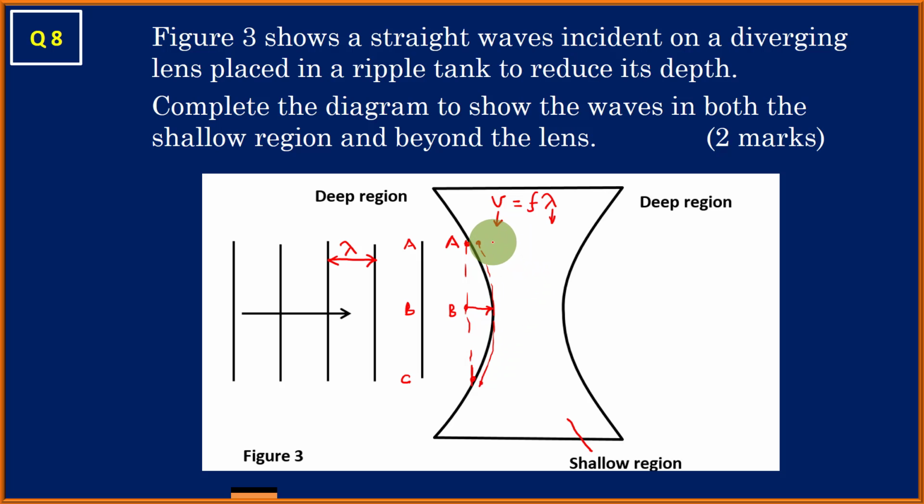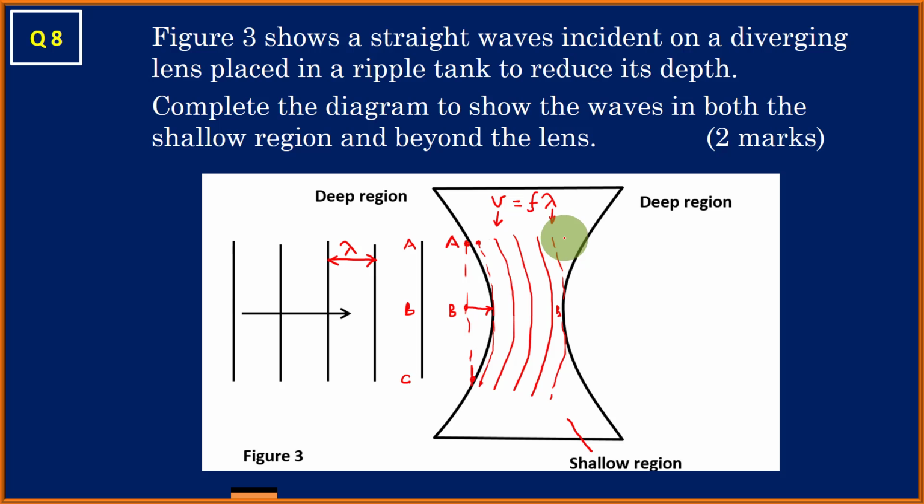So after I have obtained that curve, I remember that the wavelength is going to be reduced. So I draw the next wavefront here, the next wavefront here, the next one here. By the time this reaches here, let's assume that maybe this wavefront just reaches this point, okay? You'll find that B this time is the first one to move into the deep region.